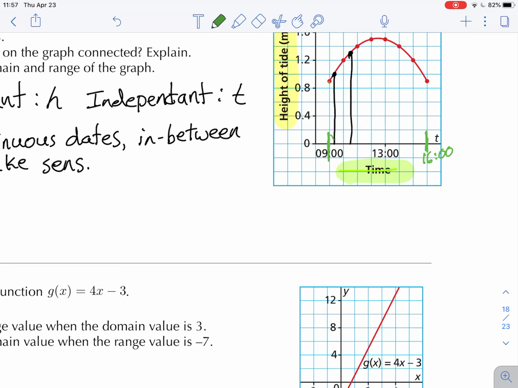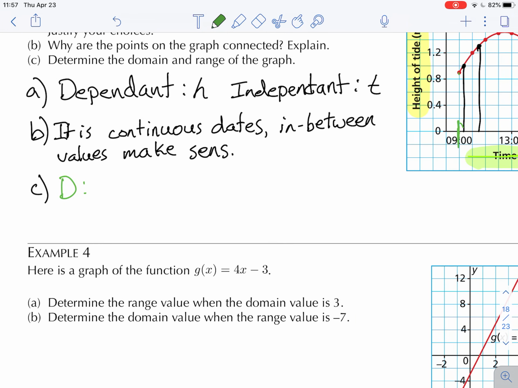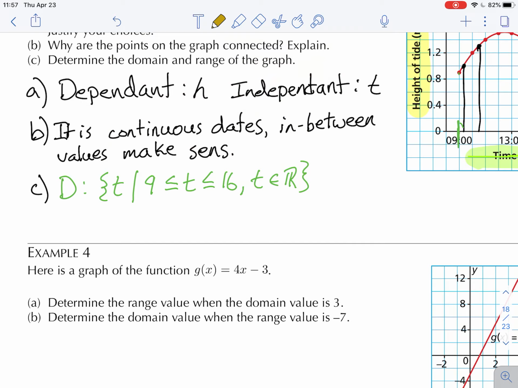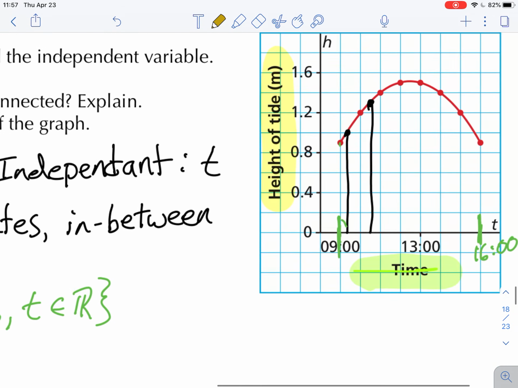This is 1600, which is 4 p.m. So our lowest value is 9 a.m. Our highest value is 1600. So our domain variable is time, such that 9 is our smallest time, and 1600 is our biggest time, and time could be any real number between the two. It's continuous data, so it's going to be a real number.